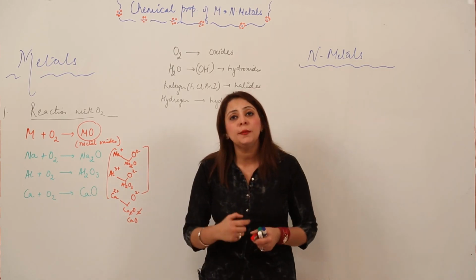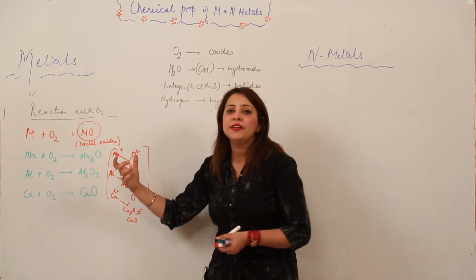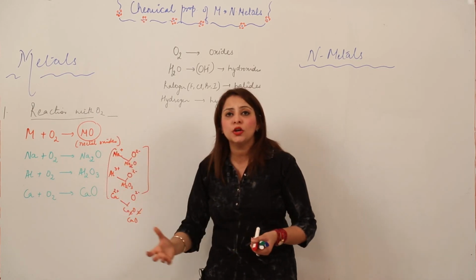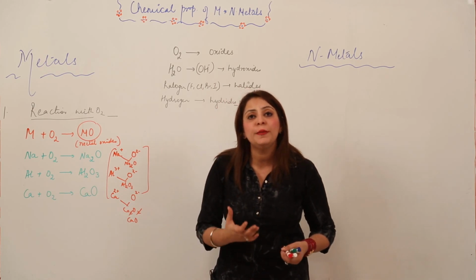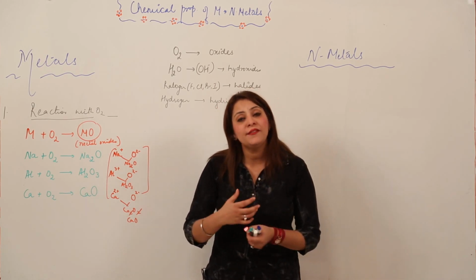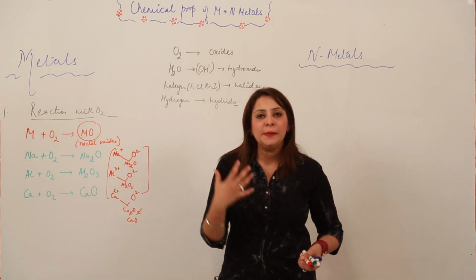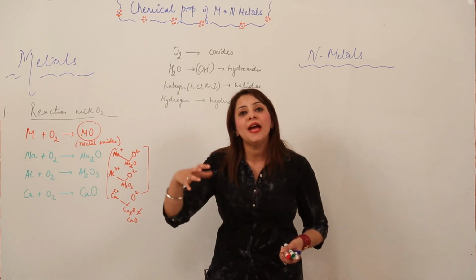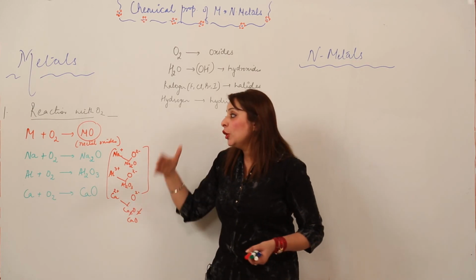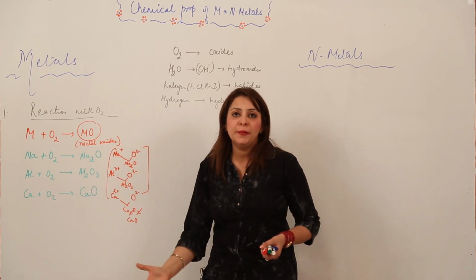Now, when I talk about the nature of the metal oxide, do you know what the nature of the metal oxide is? As you know, every chemical substance has a certain nature. Either it is acidic, or basic, or neutral, or we have the amphoteric one, right? So what is the nature of the metal oxide?